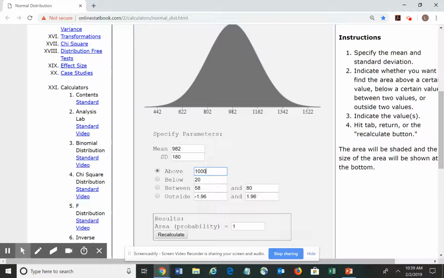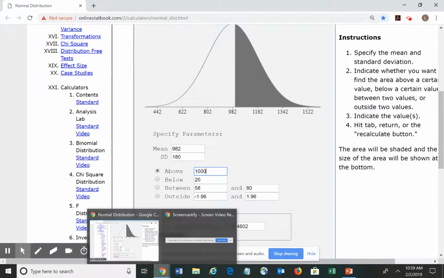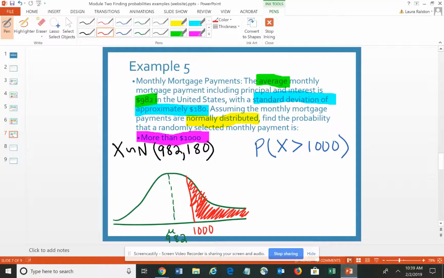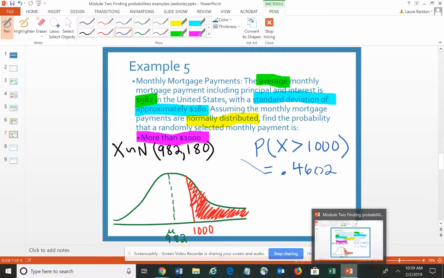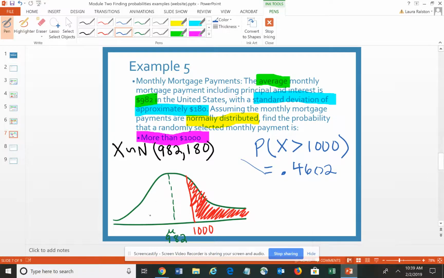So I choose the option above, and I get 0.4602. Okay, so the probability that I am more than 1,000 is 0.4602. There's about a 46% chance that my monthly mortgage payment would be more than $1,000.